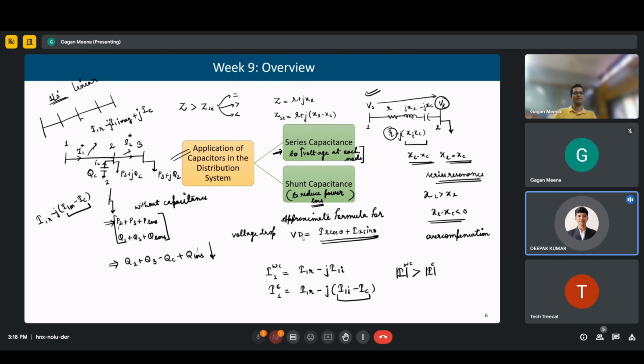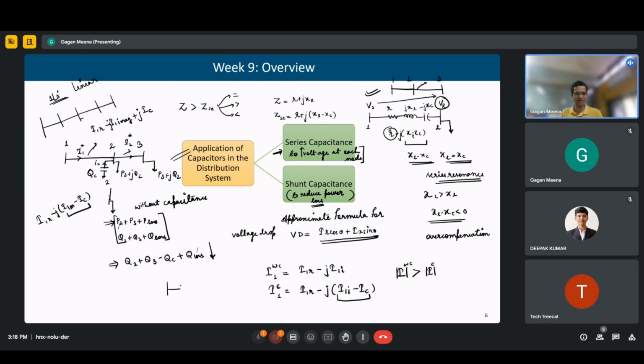Yes, sir. But sir, in series, how will we connect the capacitor in a transmission line? How will we connect the capacitor? Yes, sir. So if there is an existing line, then we have to connect in between. So suppose it was like this: bus one, bus two, bus three. So now we need to separate this out.